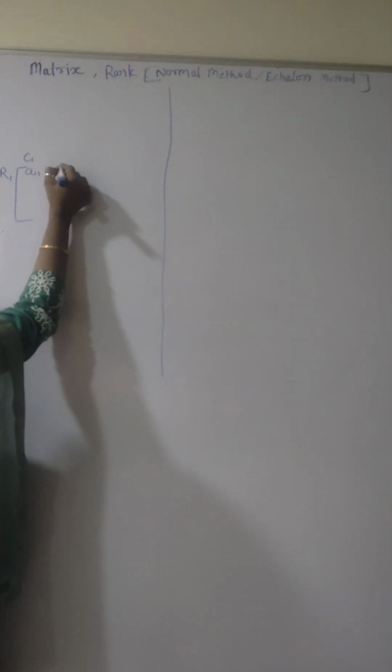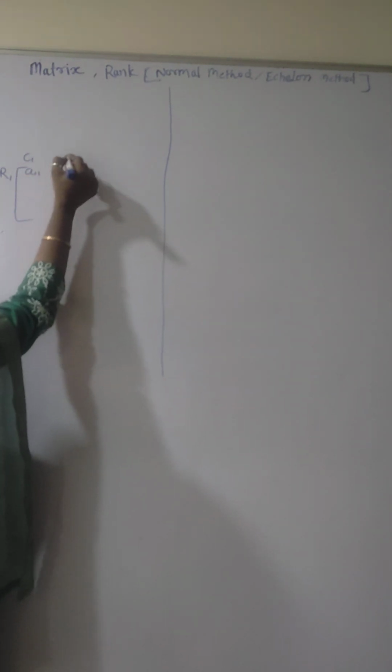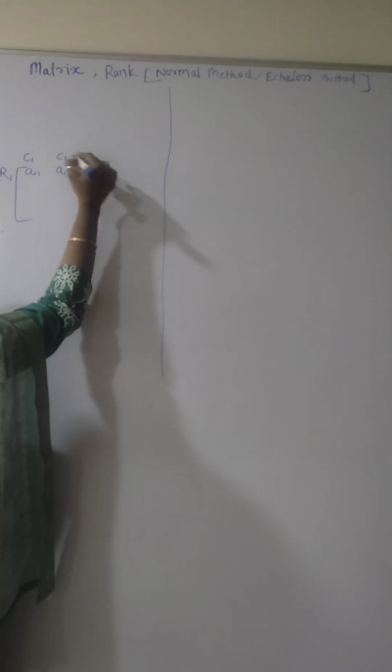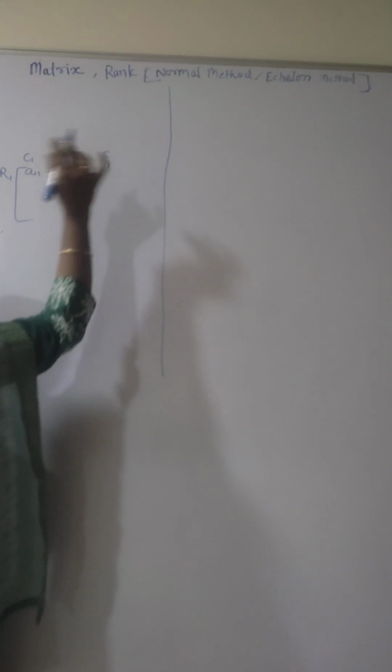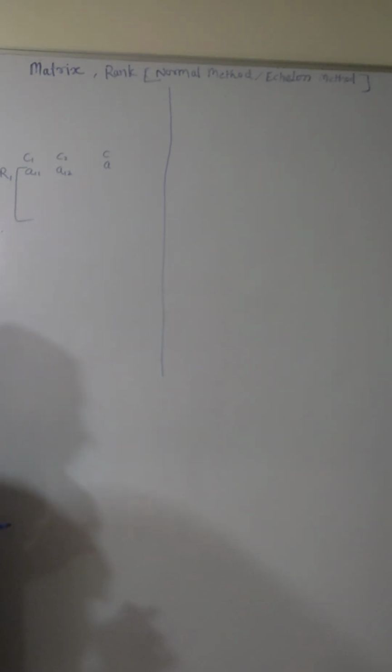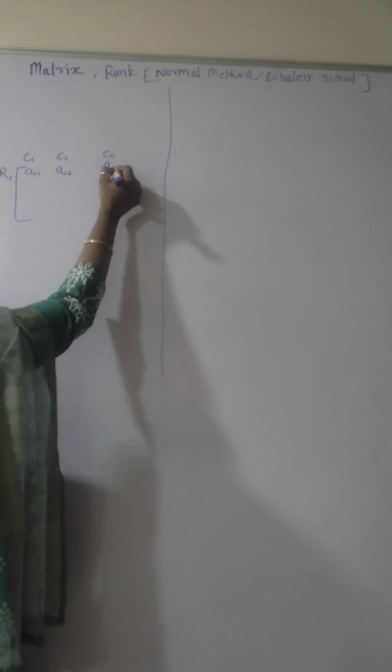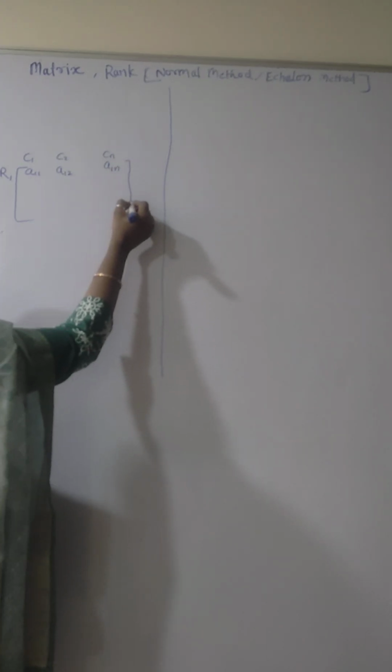Similarly, A12 is the first row, second column element, and at the last, if there are n columns, the nth column, first row element is denoted by A1n.